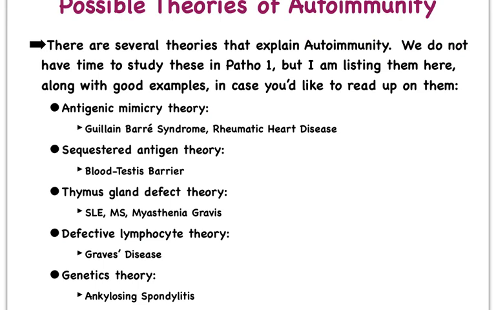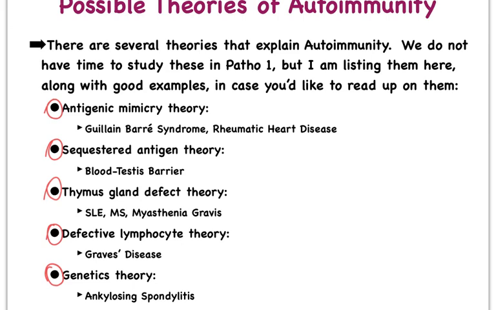Now, if we had more time, we'd also discuss the various theories that explain autoimmunity. Unfortunately, we just don't have the amount of time to cover these in any great detail. So what I've done for you is I have listed their names. For those of you who might be interested in reading up on those, perhaps some of you suffer from an autoimmune disease, maybe one of your parents, your brother, sister.